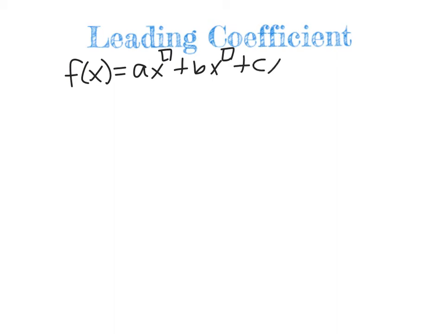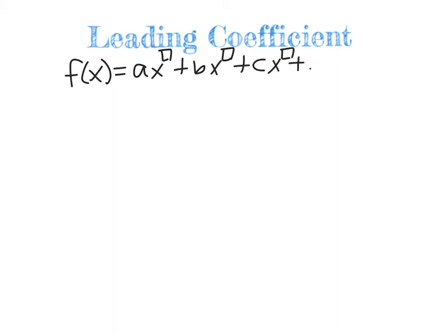So let's get more specific: how do we know when the parabola is pointing up or pointing down? And this is where the leading coefficient kicks in. The leading coefficient, as we spoke about earlier, is when we're looking at the highest degree of the exponent, this a x to the exponent plus b x to the next exponent plus c x.